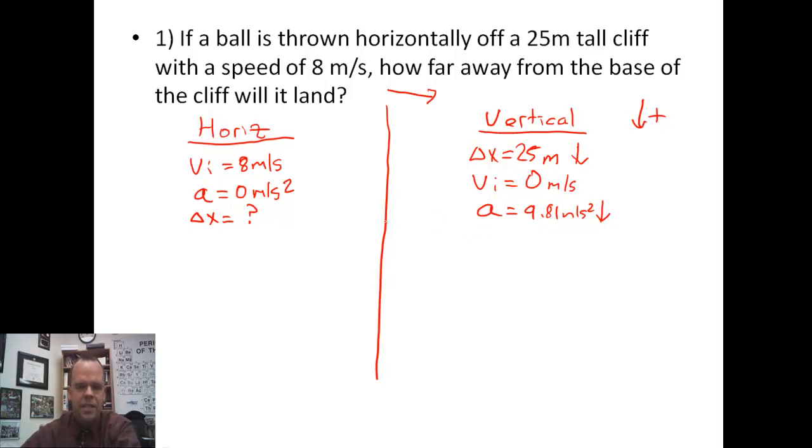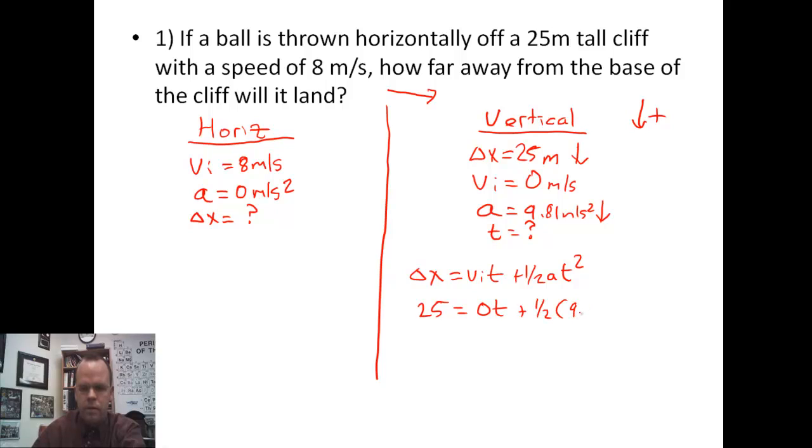The one variable that is the same on both sides is t. So if I could solve for t using the vertical, then I could plug that t into the horizontal and solve the problem. So delta x equals vit plus 1/2 at squared. So 25 equals 0t plus 1/2 9.81 t squared. So 25 equals 4.905 t squared.